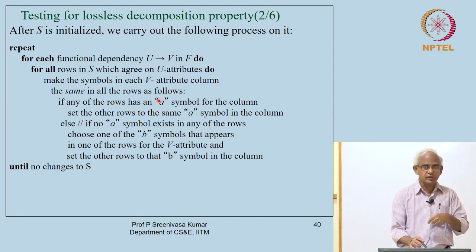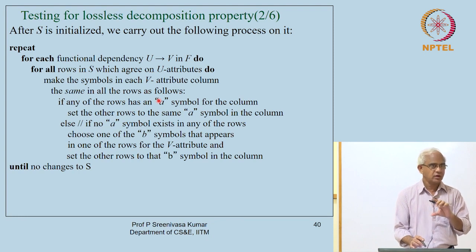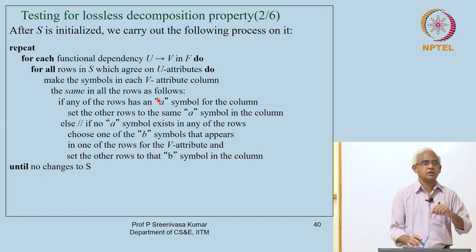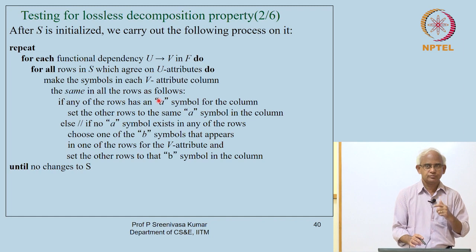In that column we will look at all the rows. If any of the rows has an A symbol, we give priority to the A symbols. If any of them has an A symbol, then we put that A symbol in all the rows of that column. That will make it the same.